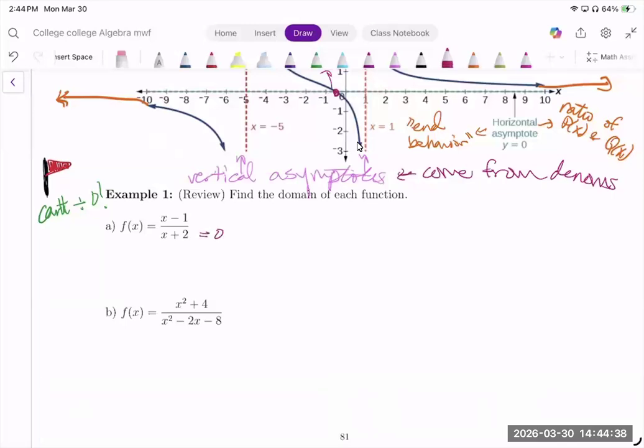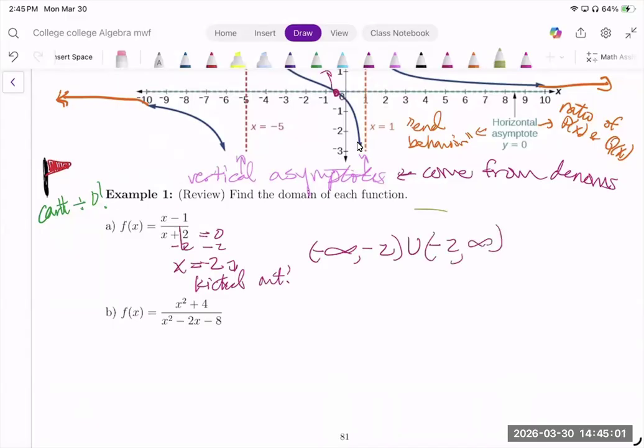So taking the denominator equal to 0, subtracting the 2 from both sides, x equals -2. So now this is the number that gets kicked out. So we have -infinity to -2, union -2 to infinity. For those of you who liked the graphical, that basically has the number line shaded everywhere except at -2. That's the domain.